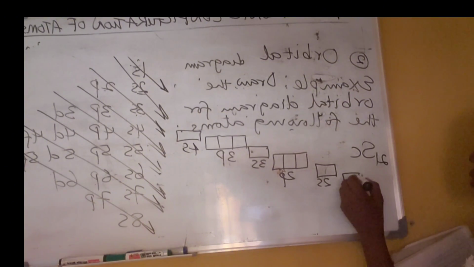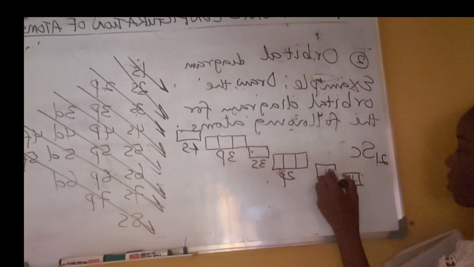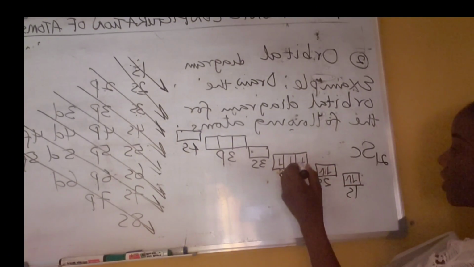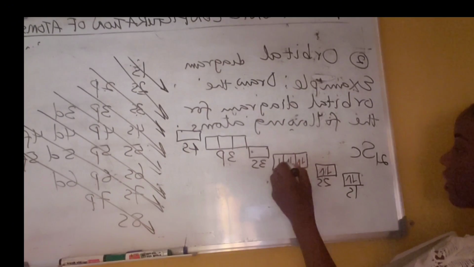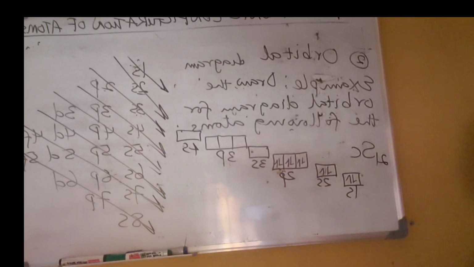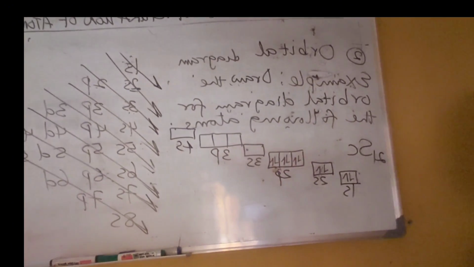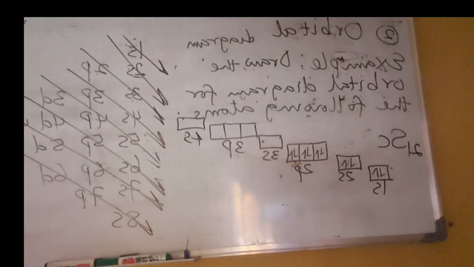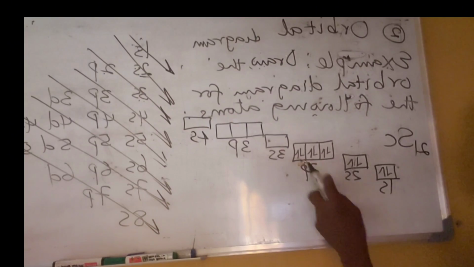So let us see. We have 21. We count 1, 2, 3, 4, 5, 6, 7, 8, 9, 10. We've written 10 so far.